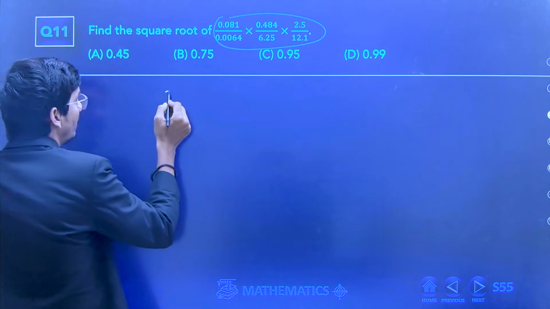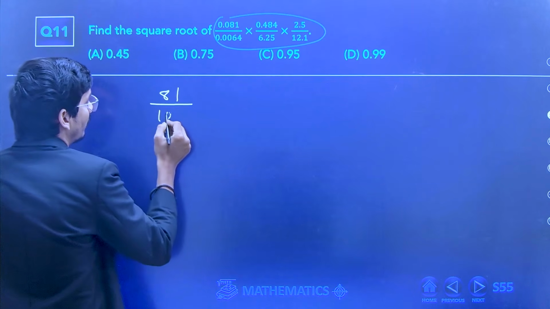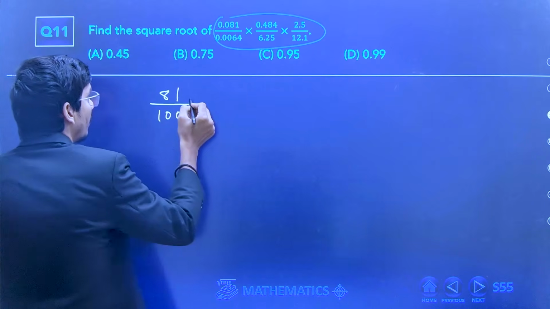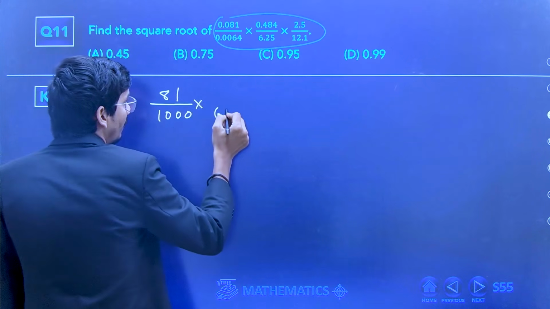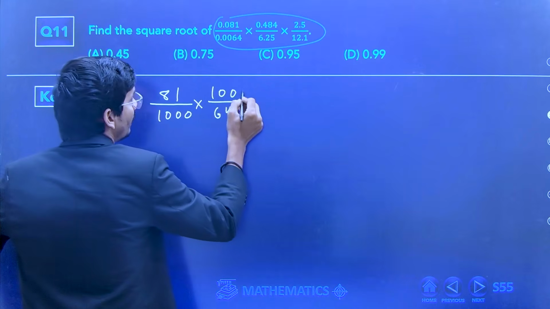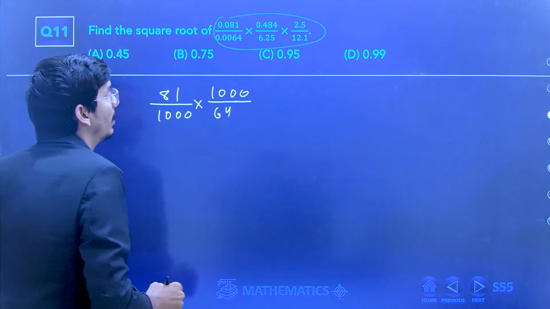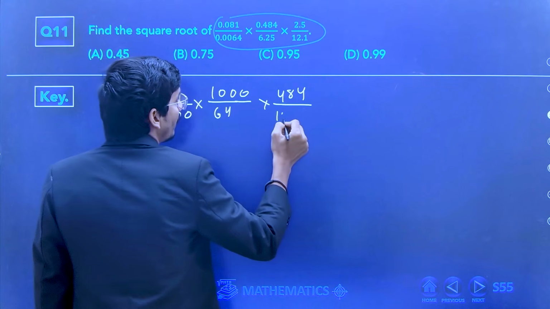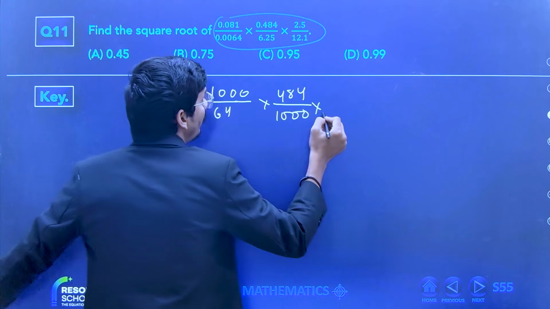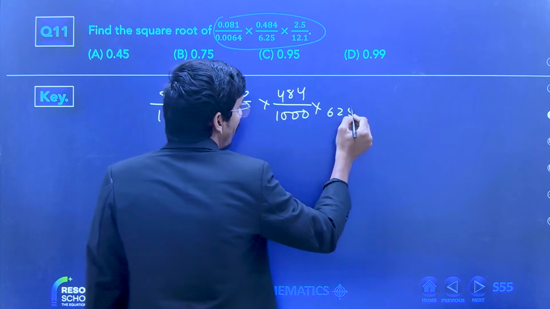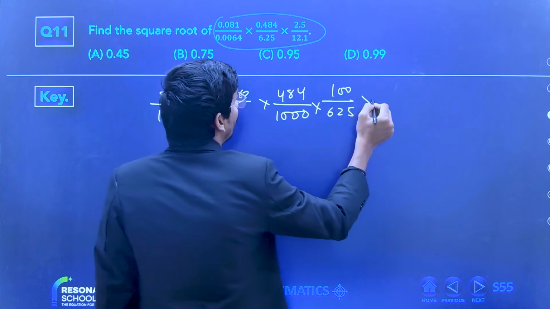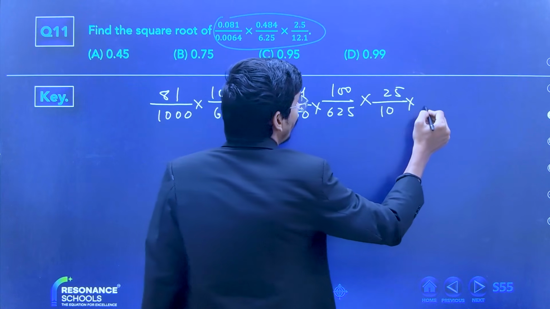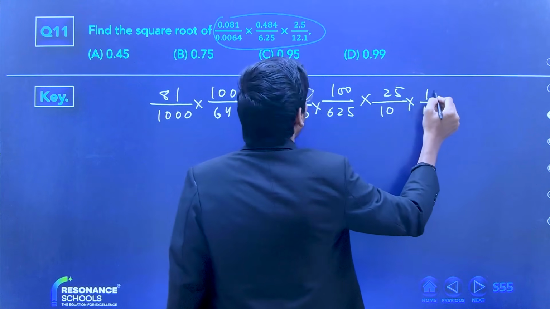The point is given 0.081, so I am writing 81 by 1000. And the denominator part is 64 by 40. Again, 484 divided by 1000, into 625 upon 100, into 25 upon 10, and 121 upon 10.